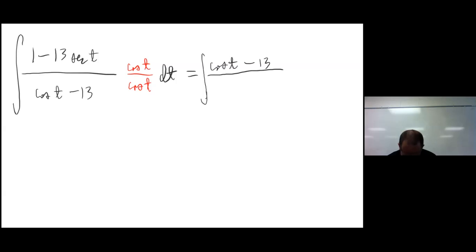So it'd be cosine of t times, how convenient. What's going to happen to the cosine of t minus 13s? They cancel. And what are you left with? Integral of 1 over cosine, which is just the integral of secant. And now we're in business.